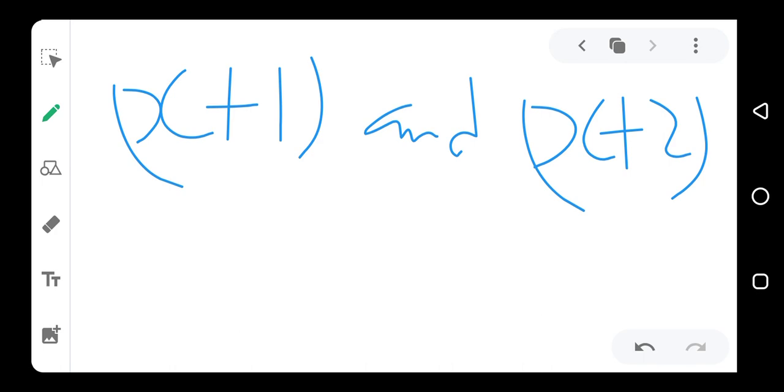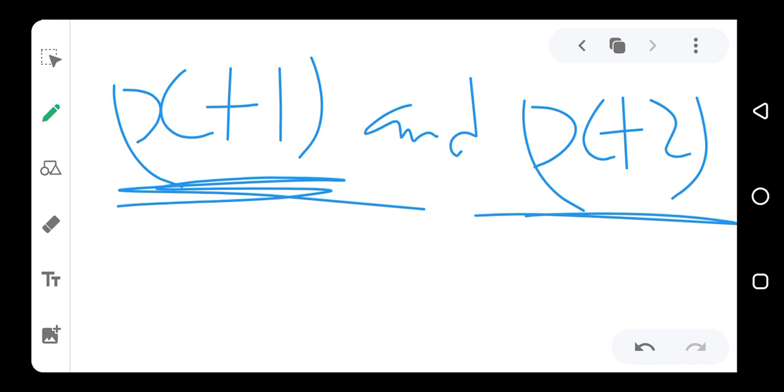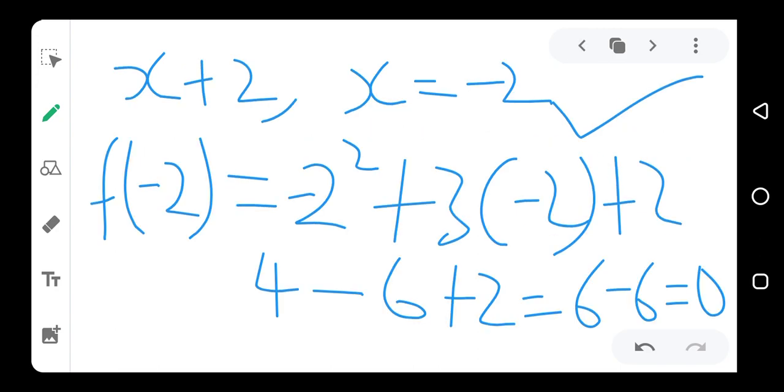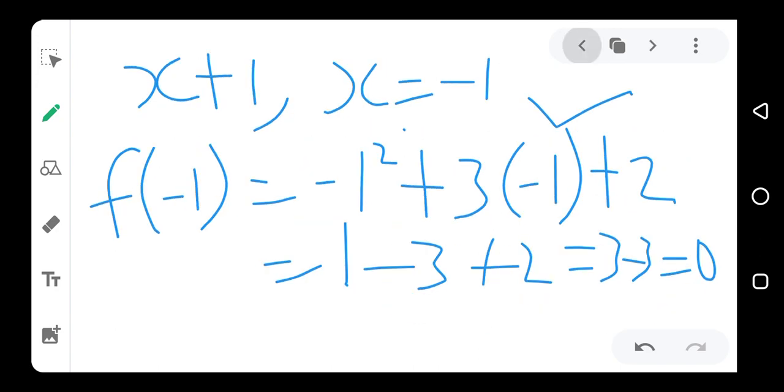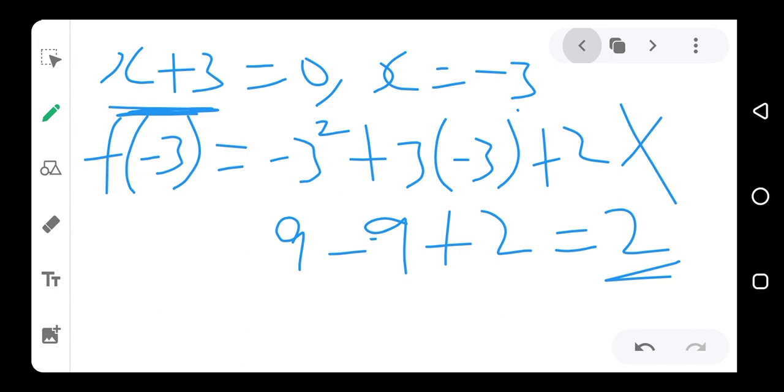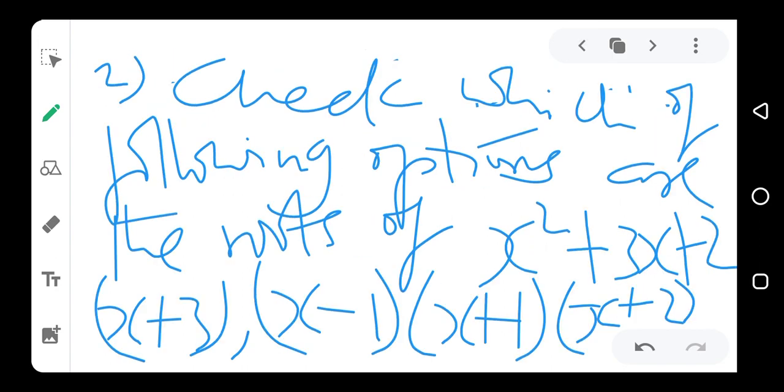Now please note this. Instead of giving us this like this, they can give us the value of x directly. Here, what I mean is that they can just ask us, check which of the following options are the root of this expression.